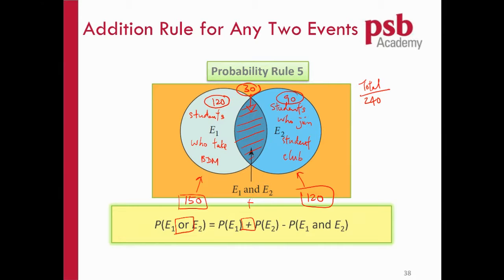So what you do is, after you add this, for example, you get the probability of, the answer will be 120 over here.